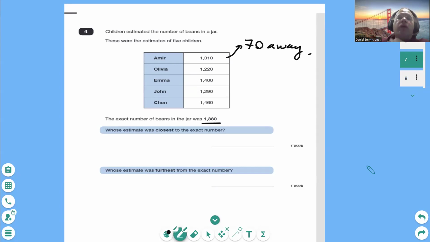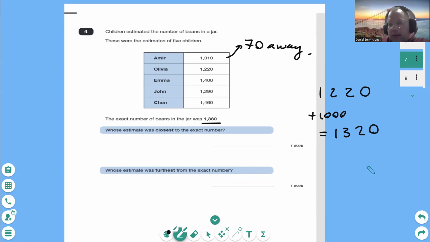And then Olivia, 1,220. Well, she's below, obviously her estimate's an underestimate, but let's see how far she was. We could do 1,220 plus 100, which would give us 1,320, wouldn't it? And then we can count up to 1,380 again, 20, 30, 40, 50, 60, 70, 80.